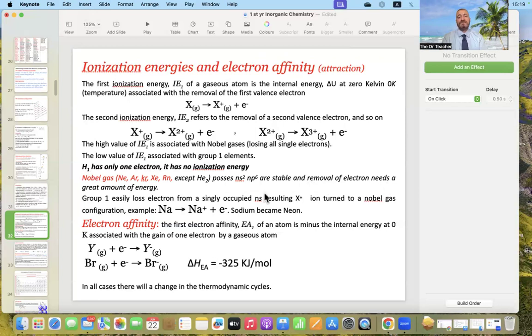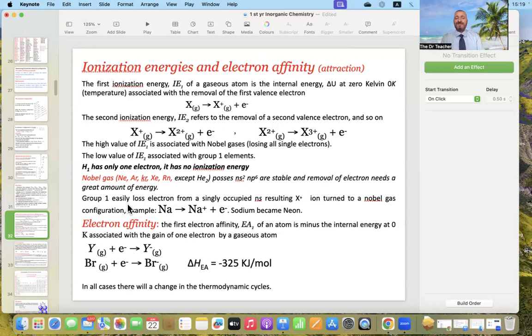Removal of an electron needs a great amount of energy because they are stable, because the orbitals are filled, so they keep potential energy very high. If you want to split an electron from another in the noble gases, you need a lot of energy to separate the 2 electrons.